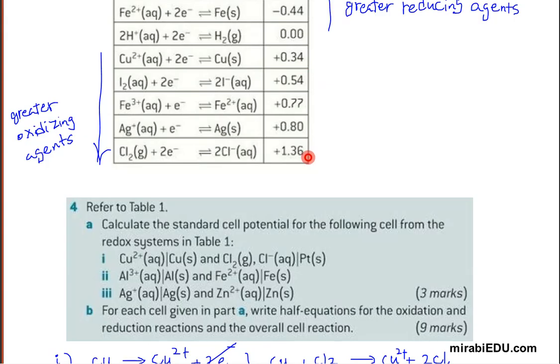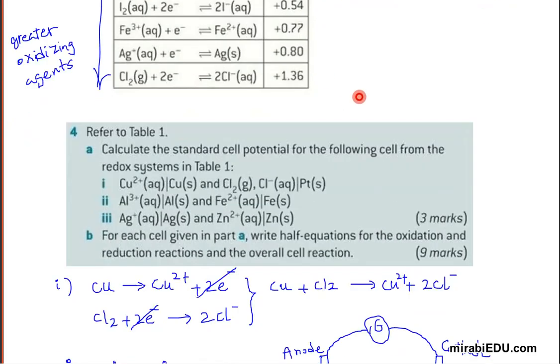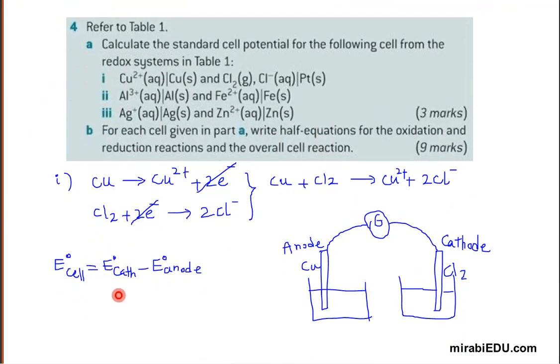In this formula, cathode is this one and anode is this one. So 1.36 minus 0.34 will be 1.02 volts.